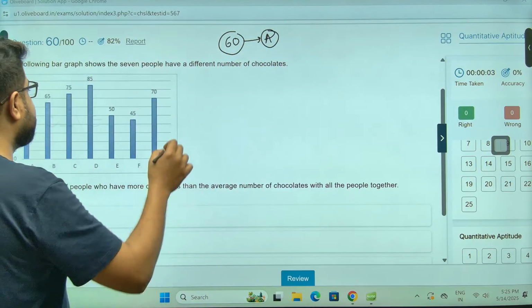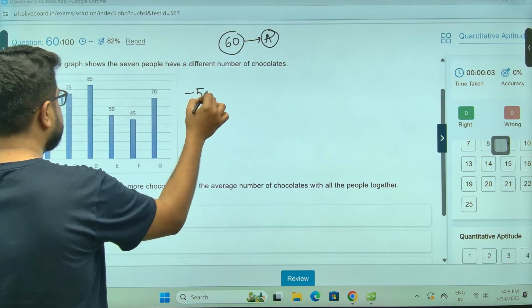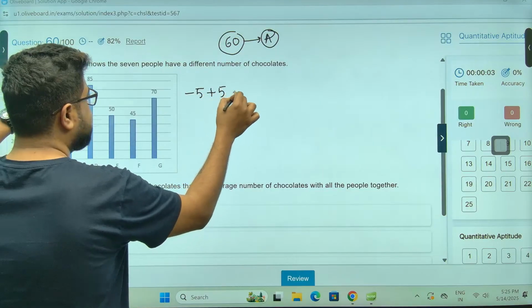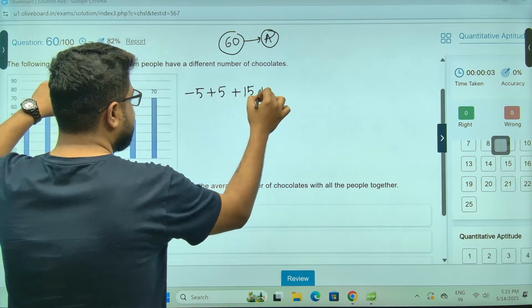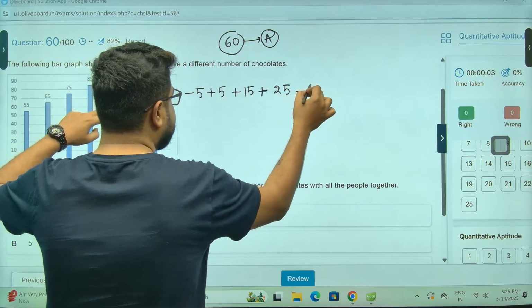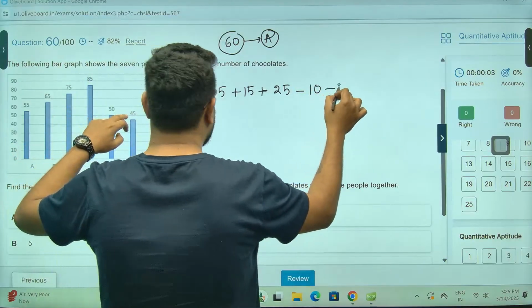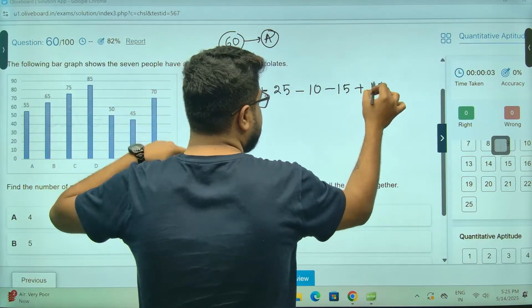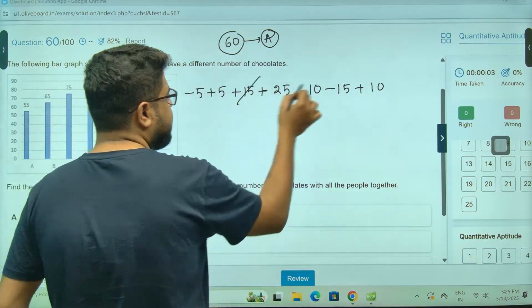This is my A, assumed average. So 55 has deviation minus 5. 65 is plus 5. This is plus 15. This is plus 25. This is minus 10, minus 15, plus 10 deviation. Plus 15.